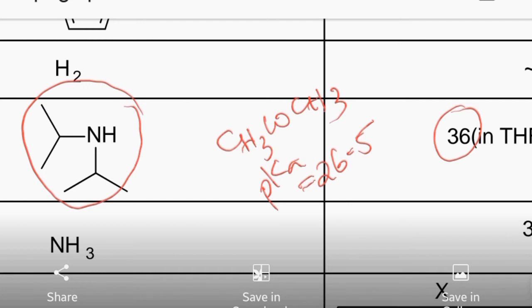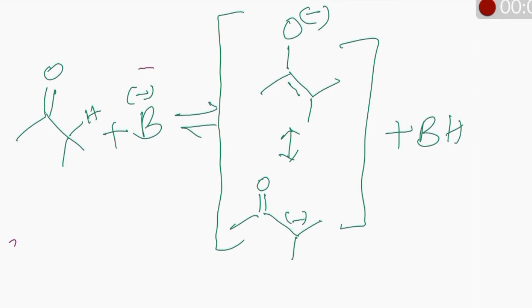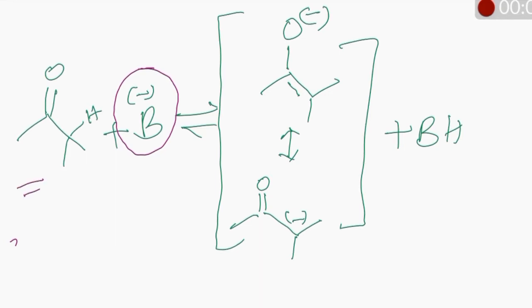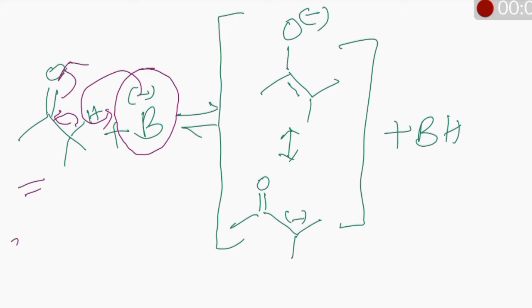We call this deprotonation under kinetic conditions. This is in place of the base, and this is acetone. So what happens? The base will abstract a proton and you get enolate, and the enolate is resonance stabilized.